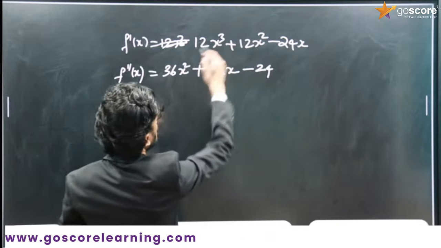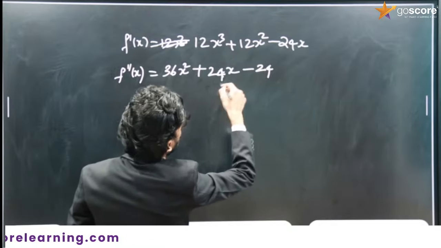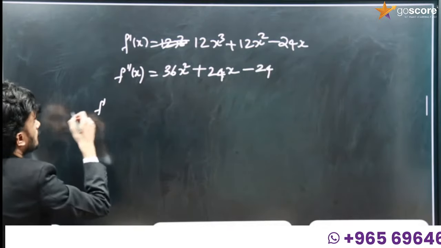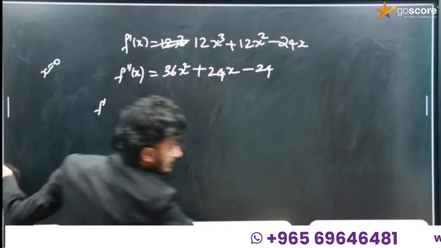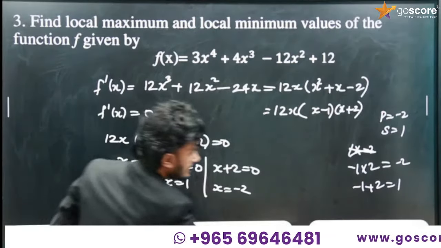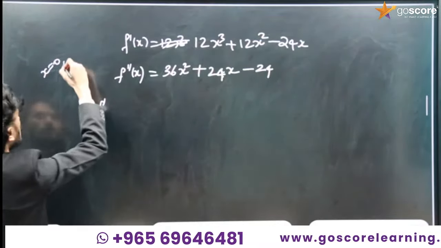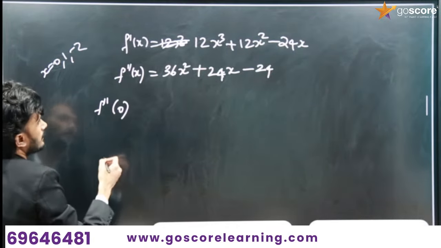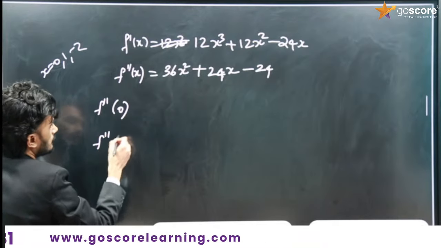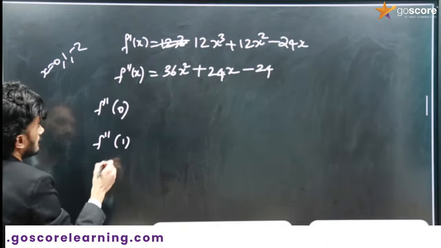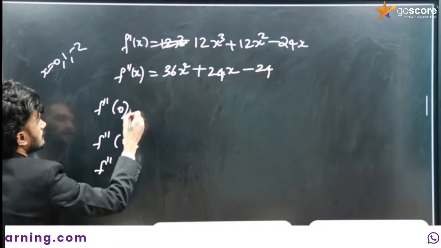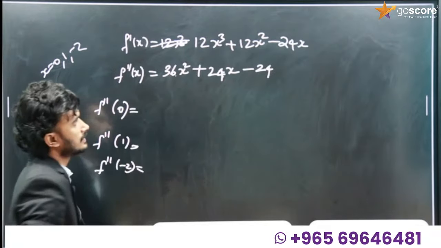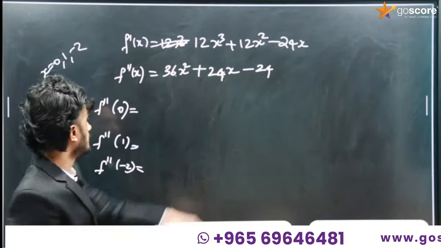We can check again: 12 into 3, 36x square, then 24x, minus 24. Since f dash of x is equal to 0 gives x is equal to 0, 1, minus 2, we will find f double dash of 0, f double dash of 1, and f double dash of minus 2. What is f double dash of 0? Put 0 in this one: 0, 0, minus 24.